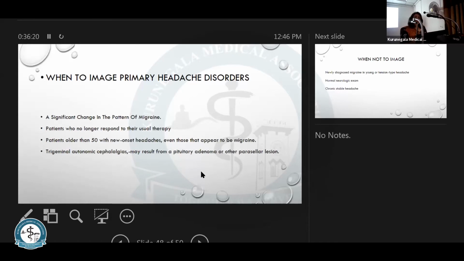And patients who have typical migraine but with onset at an older age, yes, you need to image them looking for a secondary cause. And for trigeminal autonomic cephalalgias, please image them with MRI, MRA, or MRV rather than CT, because vascular lesions are quite common along with the trigeminal autonomic cephalalgias.